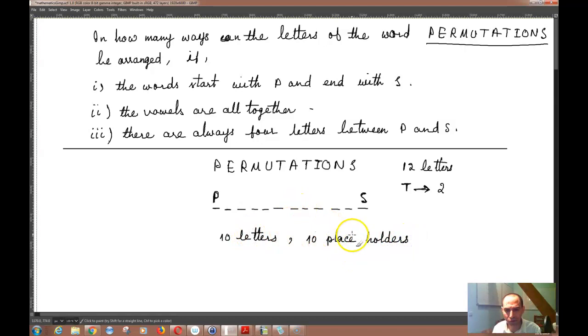To find the permutations of those 10 placeholders, you can simply calculate 10 permutation 10, which is equal to 10 factorial over 10 minus 10 factorial, which is 10 factorial over 0 factorial, which is equal to 10 factorial.